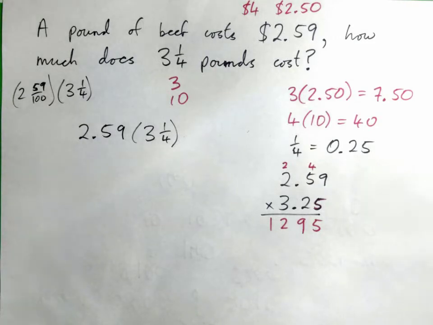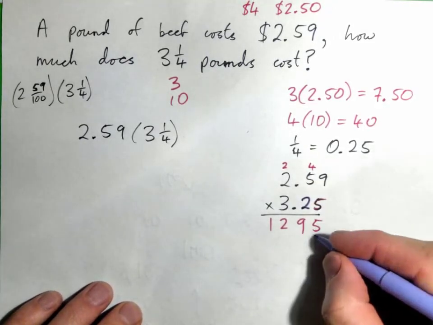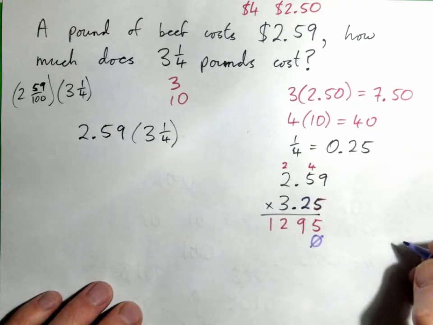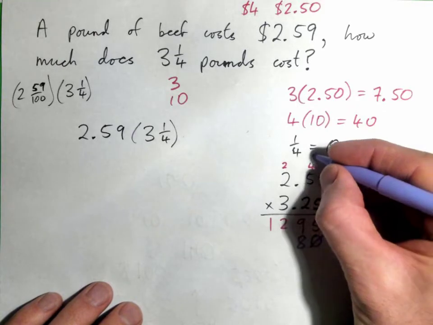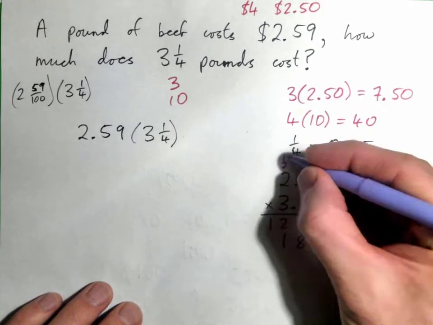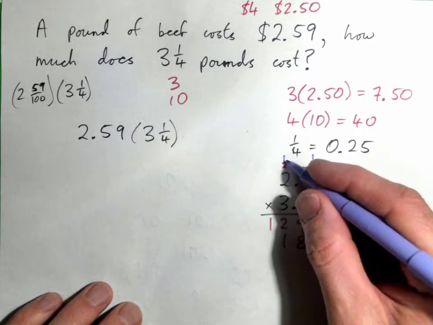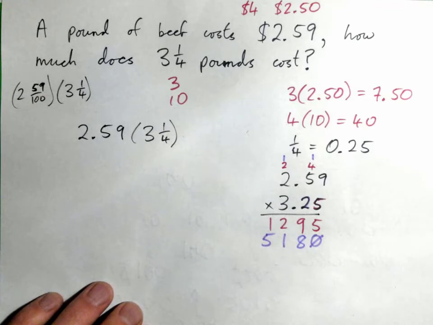And now multiply by 2. I'll put down a placeholder 0. 2 9s 18, carry 1. 2 5s 10, 1 is 11, carry 1. 2 2s is 4, and 1 is 5. Good.